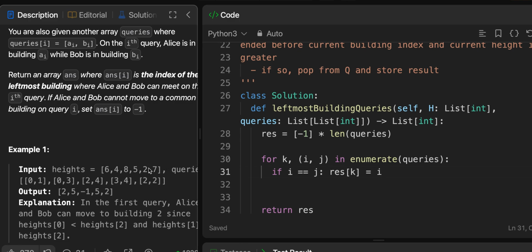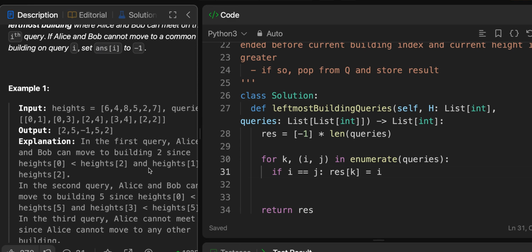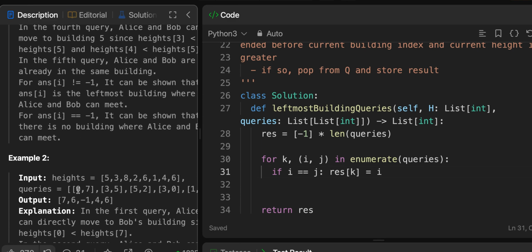Next one, let's look at something like, I think this is a good example here. Maybe the 0 and 7. So 0 has the building 5 and 7 has the building 6. So notice though how 5 can move to 6. And so my point is whenever one person can move to another person, only one person needs to move.